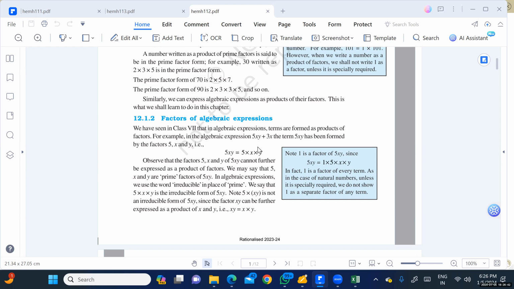Sir, 5 into x into y. No, you don't say 5 into x and y. What are the factors of 5xy? You say 5, x and y, not into. They are 5, x and y.